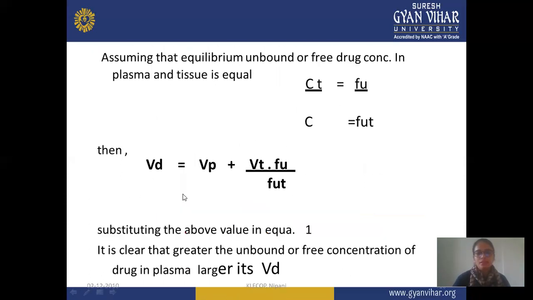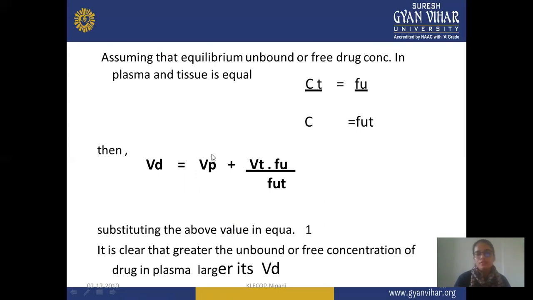And next is assuming that at equilibrium, unbound or free drug in plasma and tissue is equal, CT is equal to FU, and you can maybe interchange this relation. In this, when you change C is equal to FU, we arrange this volume of distribution formula.